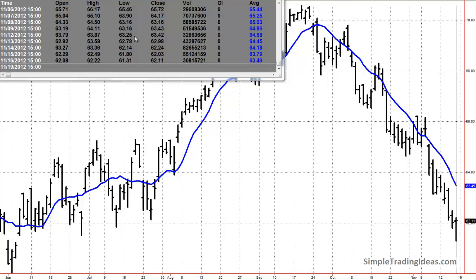Okay, so you can see here open, high, low, close. The standard way of calculating the moving average would be using the close. You can calculate moving averages of the open, the high, the low, the close, any combination of all these.